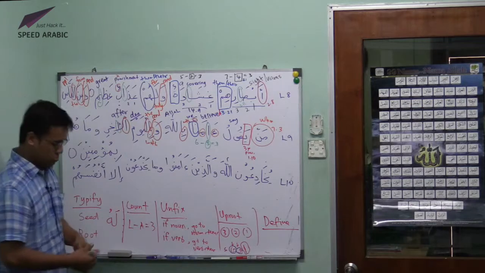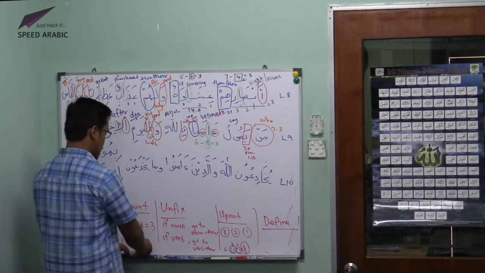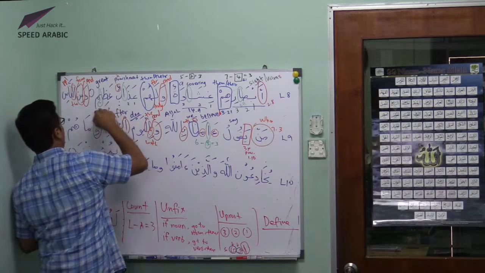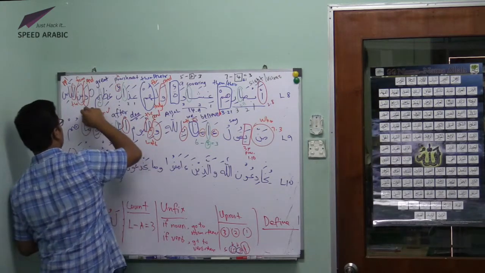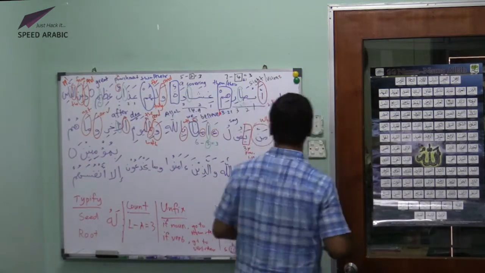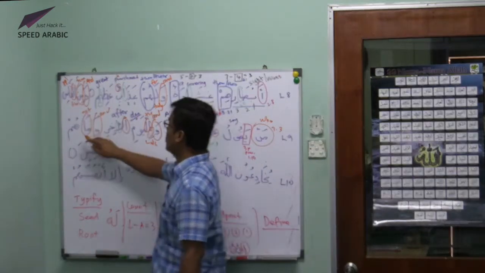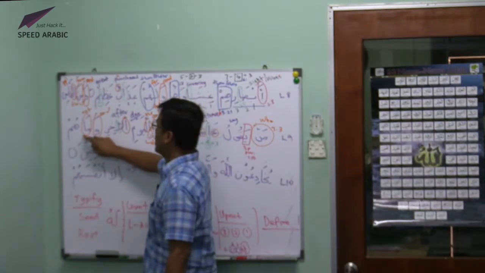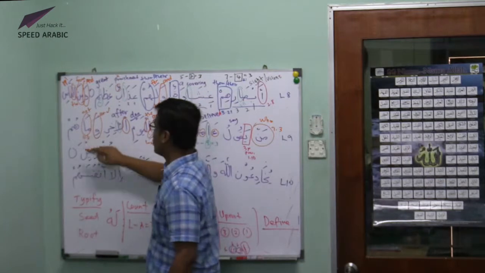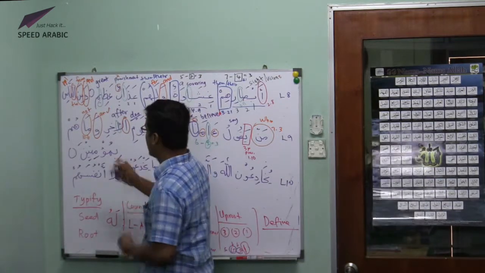Okay. Wama hum. And. Ma is not. Which number is it? The yellow ma. 10.6. Home. Home is they all.